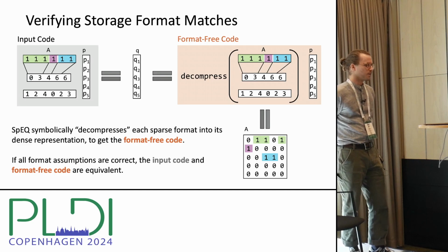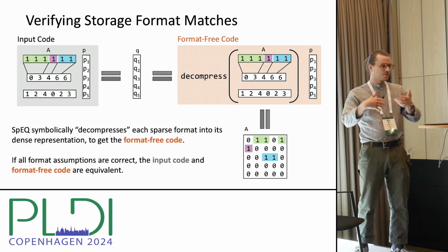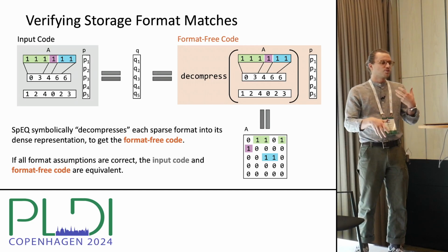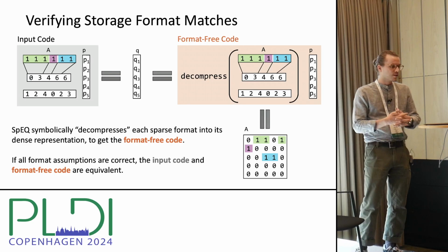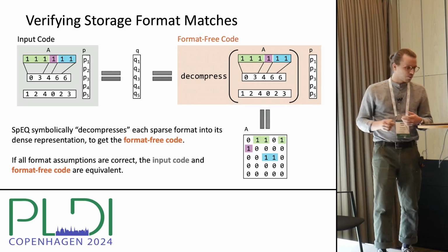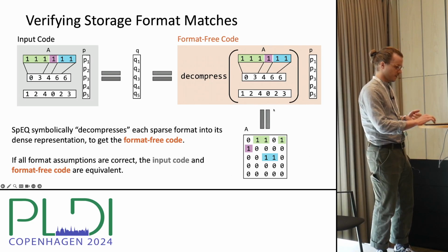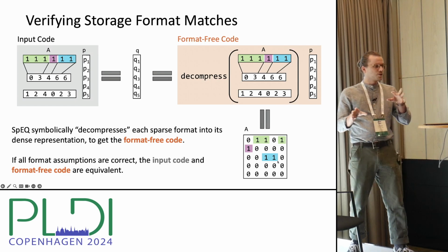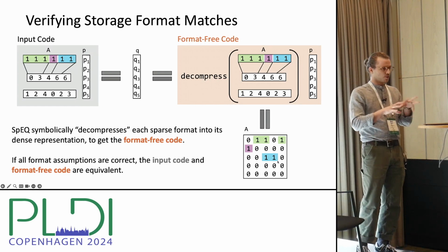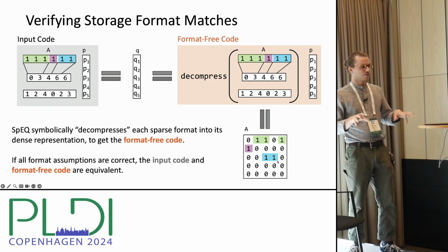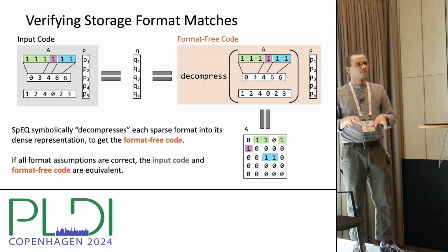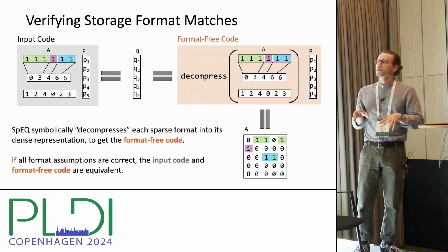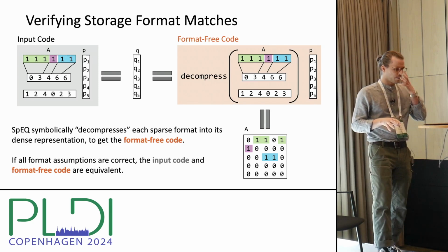So we can invert the compression process, to get a version of the program that looks like it should be dense, and that's represented by this dense matrix below. And these two versions of the program, if we made the correct guess and we detected all of the storage formats, should be provably the same program. And if we miss something, then they will not be the same program.